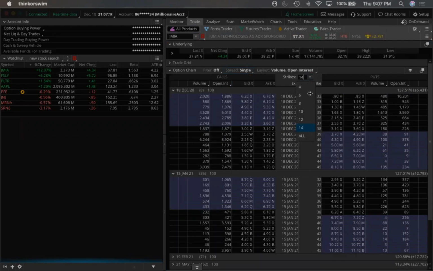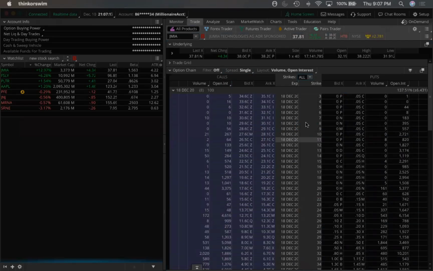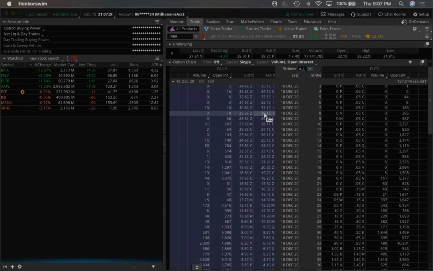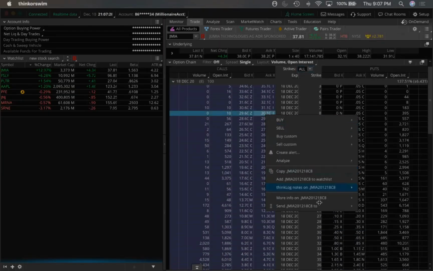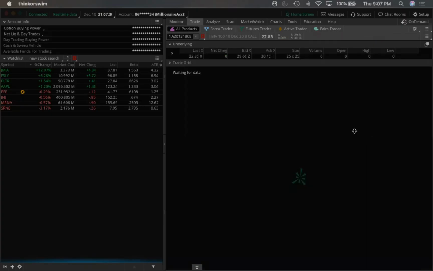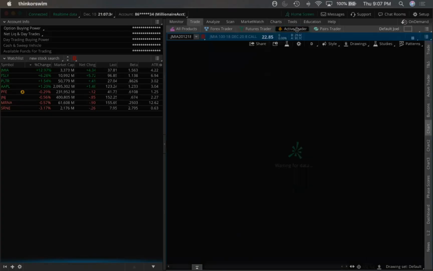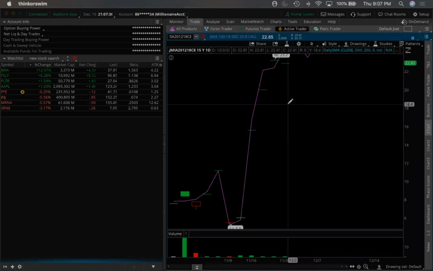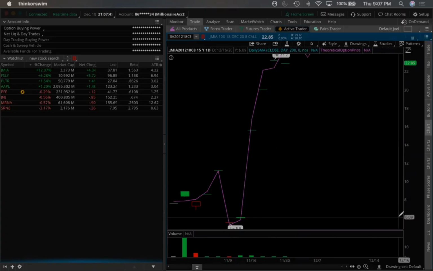Y'all, it's gonna make you mad when you see how much that option was back in March. So back in March, oh, this option actually came out at this particular time. So anyway, this option went from about $600. Y'all see that? $600 to about $2,200.